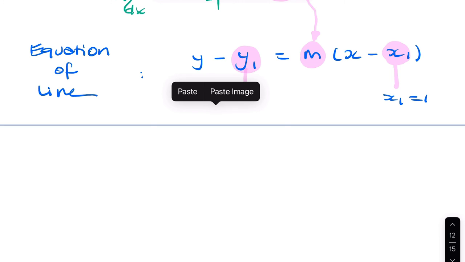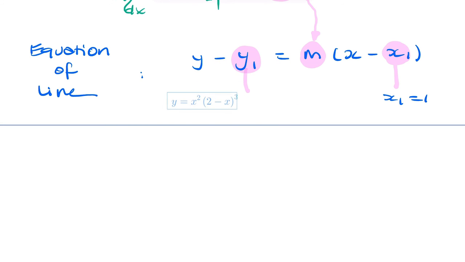So I can find y1 by substituting 1. So it's 1 squared times 2 minus 1 cubed, which is just 1.